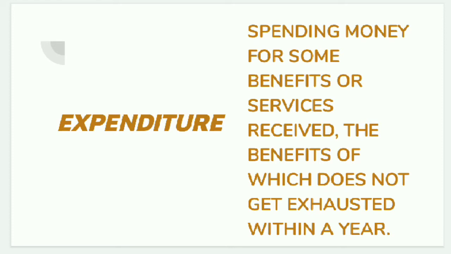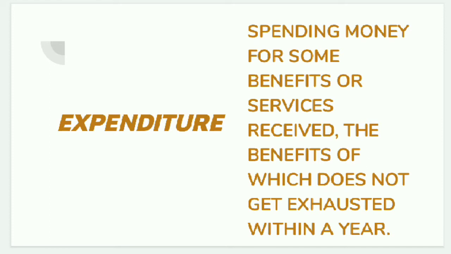Expenditure is often used when people are talking about budgets. I hope you all know what is budget. It is the government's job to decide what to do with tax money collected, or in other words, to determine the expenditure of public funds.